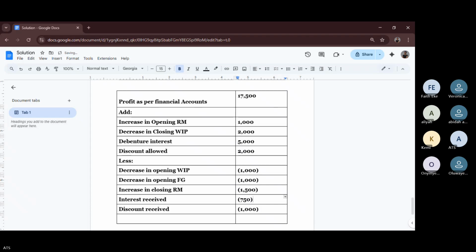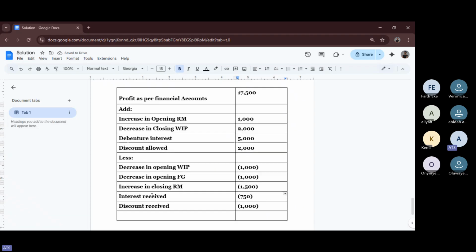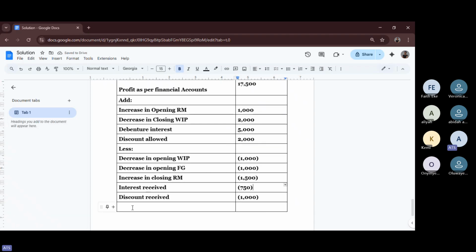And that will lead us to our profit as per cost account. What's the answer here?